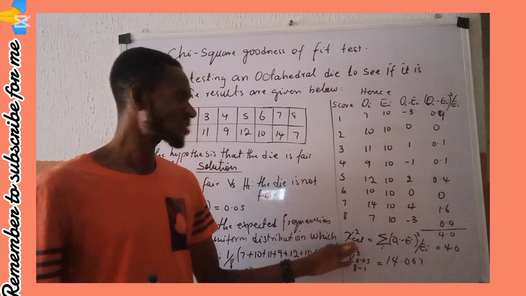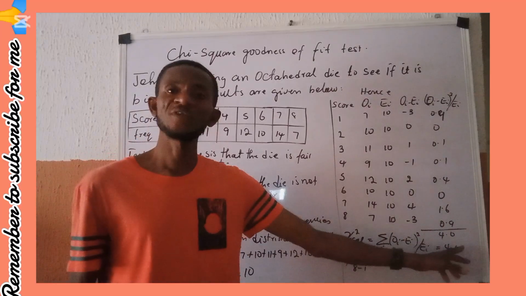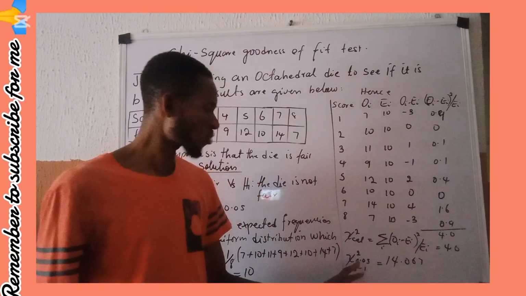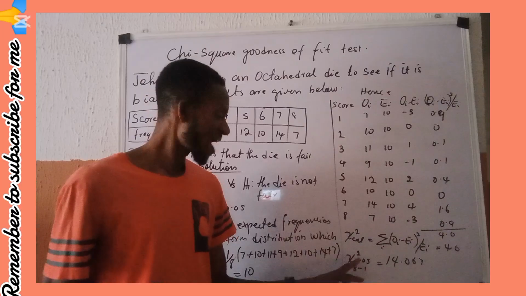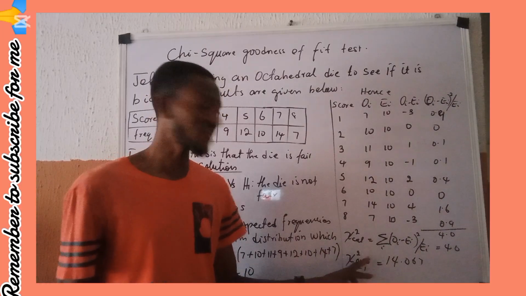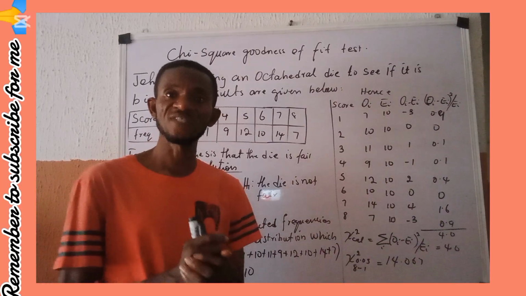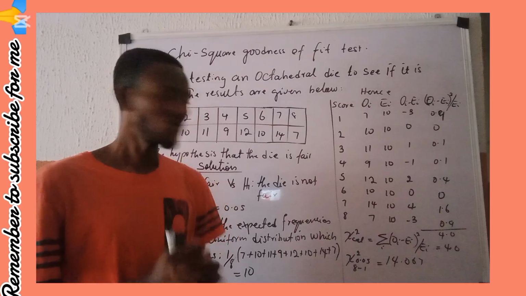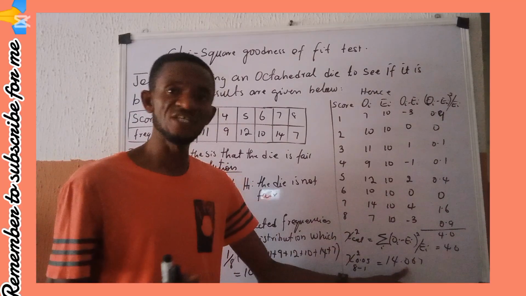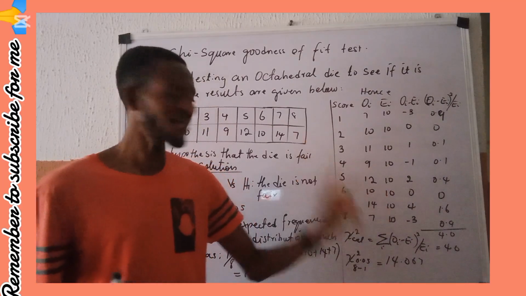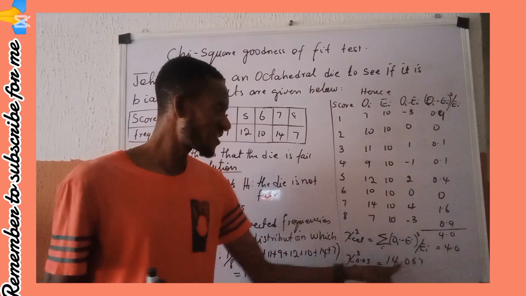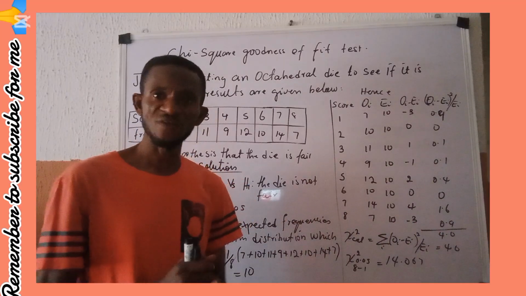And of course, our chi-square calculated is 4.0, while our chi-square tabulated at 0.05 level of significance is 14.067. So comparing these two quantities, we come to a conclusion that this quantity is less than this particular quantity.